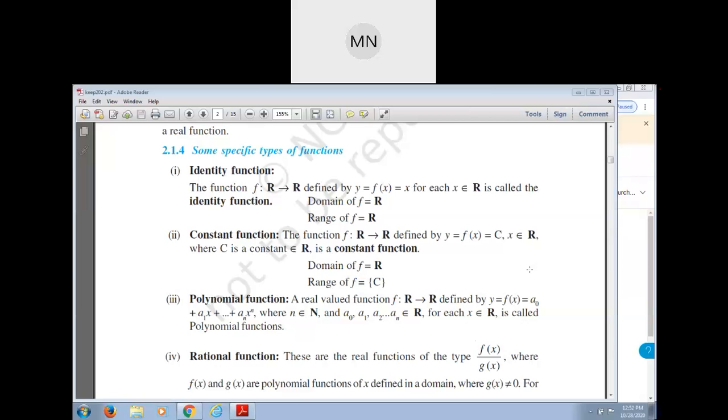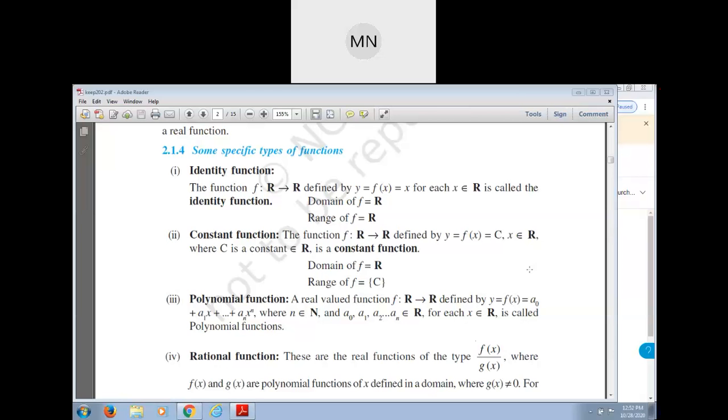Here, see that f of x equals x. Suppose we consider x equals 1. Okay, then y equals what? For the identity function, if we consider x equals 1, then f of x will be what? Can you tell me? It's very easy, see that we just write f of x equals x.